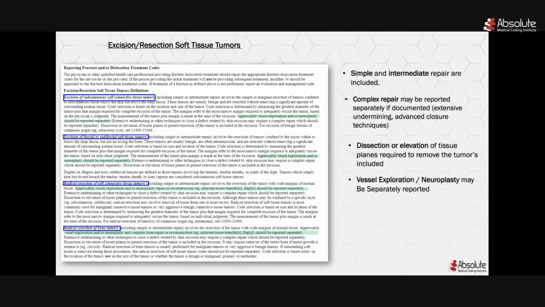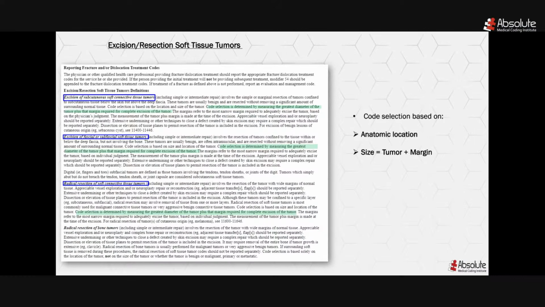All right. So next, let's talk about the guidelines that apply to the first three categories. These are the common rules that apply to subcutaneous soft tissue resection, fascial or subfascial soft tissue tumor resection, and radical resection of soft tissue tumor. Here the code selection is based on the size and the location of the tumor.